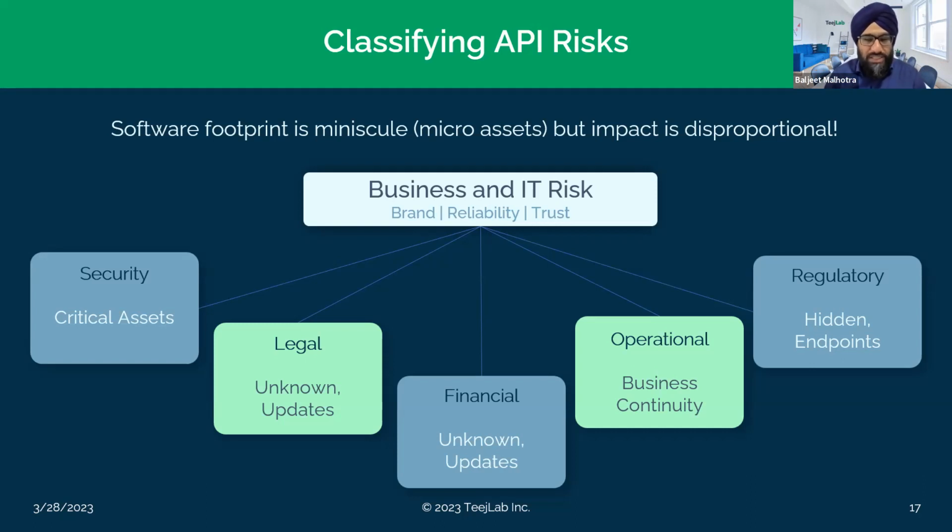Similarly, operational risks are not very straightforward. I actually have an interesting story to share very quickly. As I mentioned in my introduction, I was part of a team responsible for conducting technical due diligence. Anytime a company was bought, we would go perform technical due diligence.